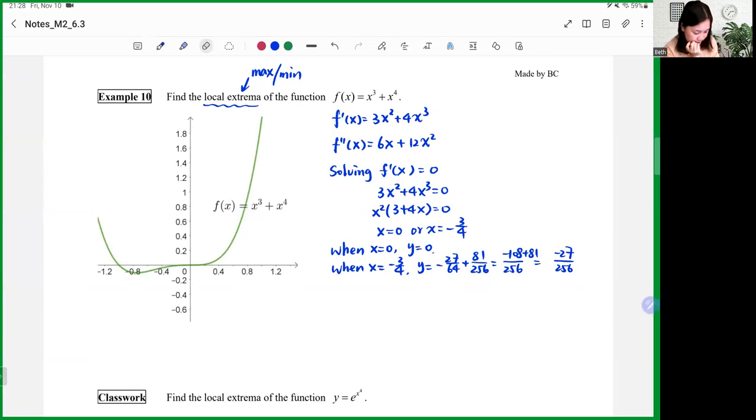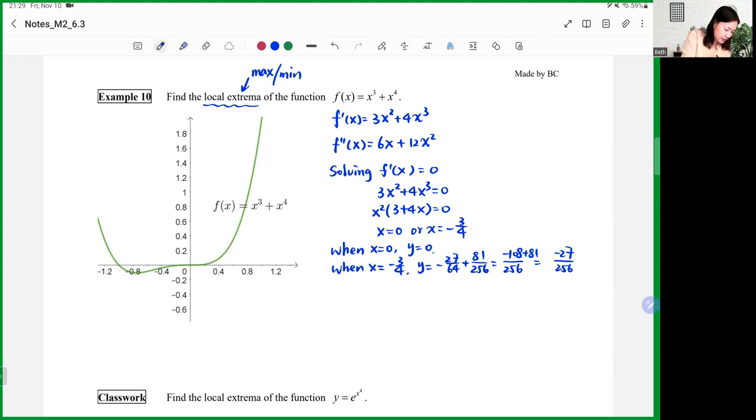Let me see if it's correct. I think it's fine, right? This value is correct, right? It is correct. Okay. So I found out that there are two stationary points.